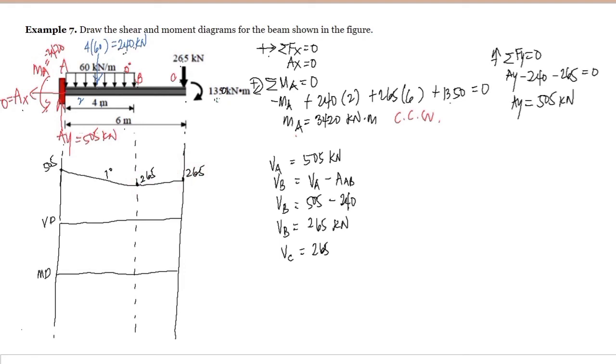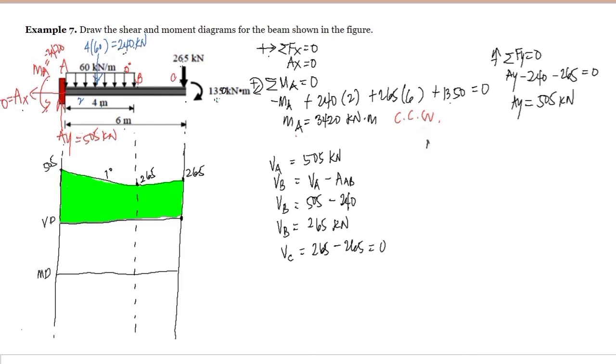And of course, this 265 minus our load of 265, therefore our shear at C will be closed. So it is 0, and this is now the shear diagram.